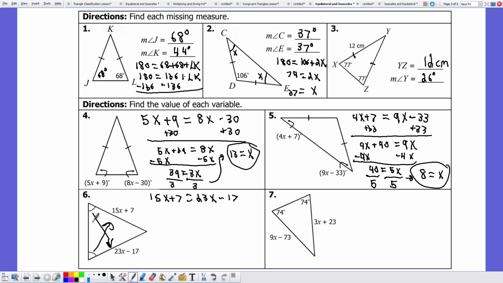Go through the same motions. Let's add 17 on both sides. 15x plus 17 and 7, that will give us 24, equals 23x. Then we're going to subtract 15x on both sides.